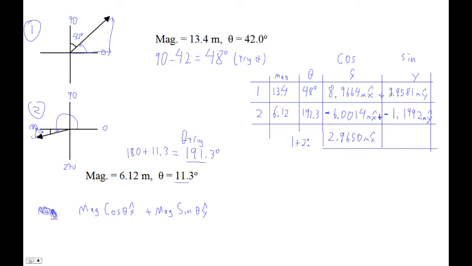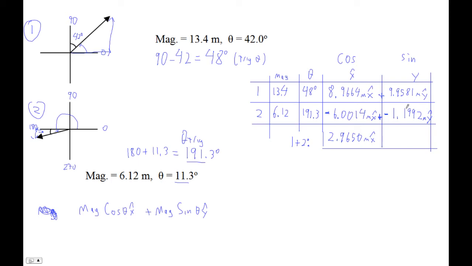Okay, and now let's double check that. 8.9664. I'm so bad at this, I just lack attention to detail. Okay, so here we go. 9.9581, plus a negative 1.1992.